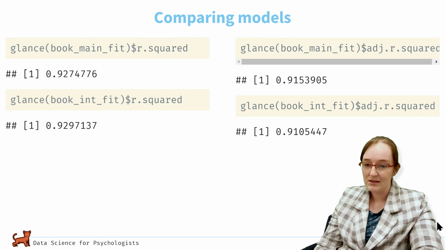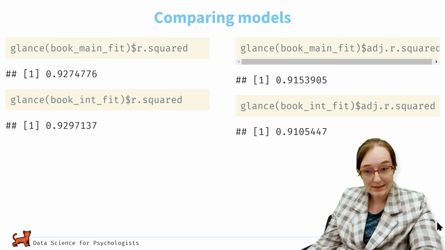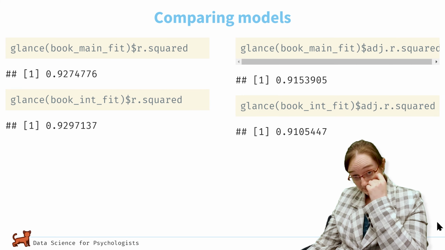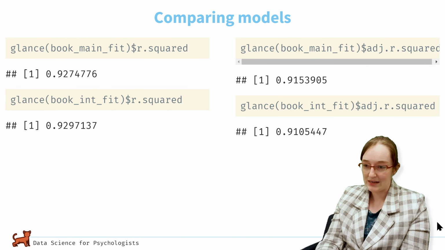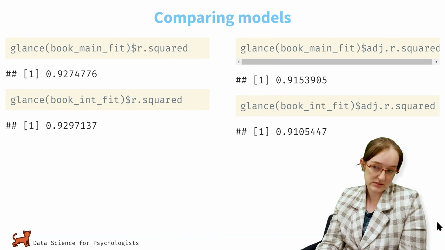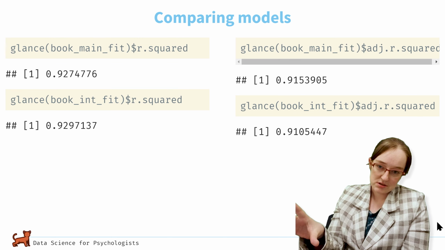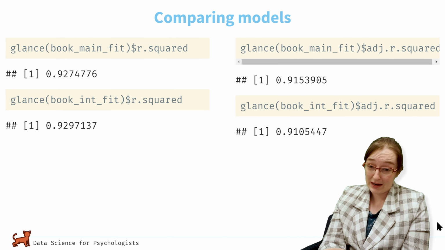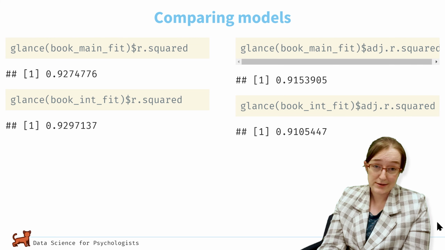Cool. So in general, there tends to be a penalty for adding in extra parameters, as we can see here comparing the two R-squareds, where we have 92.7 versus 92.9 with the unadjusted R-squared. With the adjusted R-squared, the penalty is small: 91.5 versus 91.05.